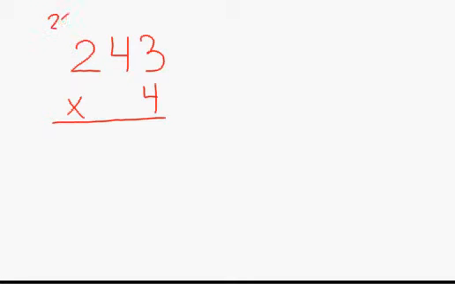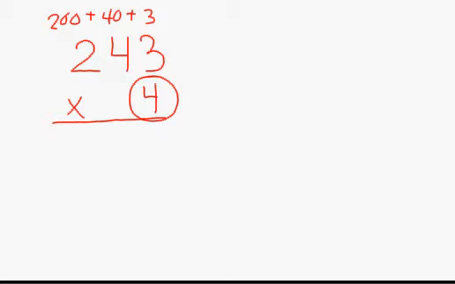So let's look at a quick problem. Let's look at 243 times 4. Okay, so remember when we talked about this, this was really like 200 plus 40 plus 3, remember? So thinking about how that works, we can use this number 4 right here and multiply by each of these partial products.